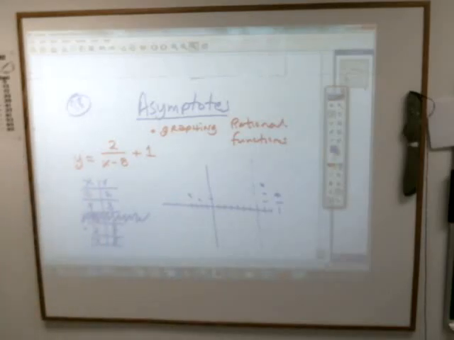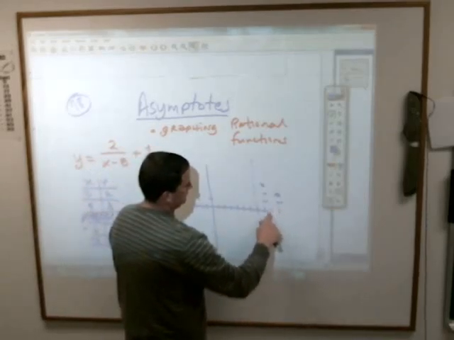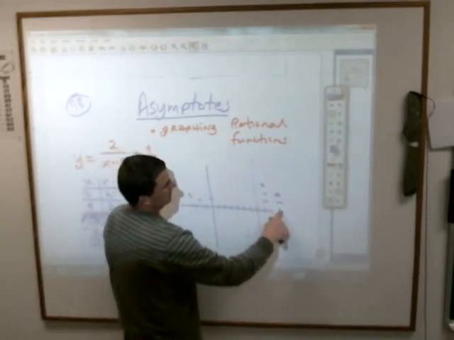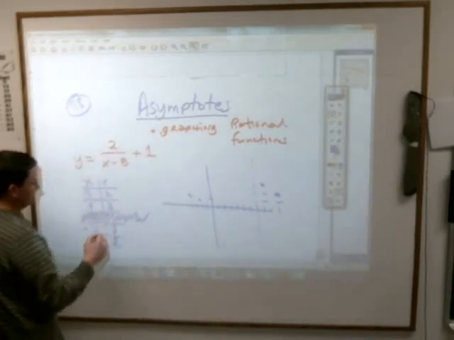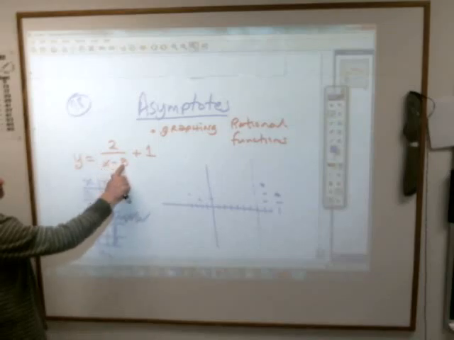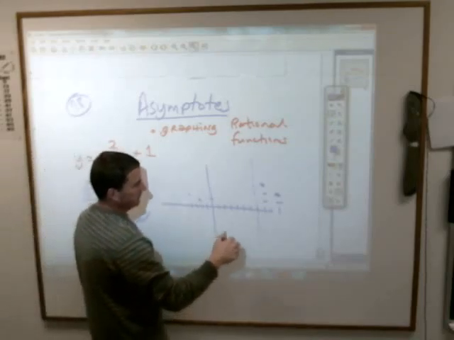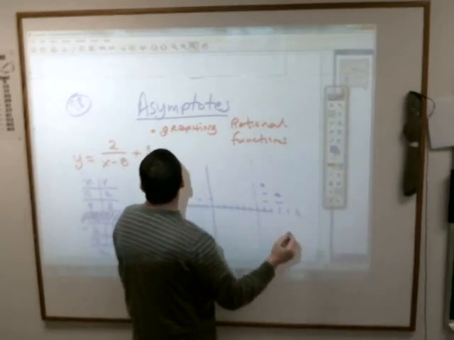We probably need some other numbers. Let's go a little farther over here. Let's go 12. If x is 12, 12 minus 8 is 4, 2 over 4 is a half, and a half plus 1 is 1 1/2. So at 12 it's 1 1/2.